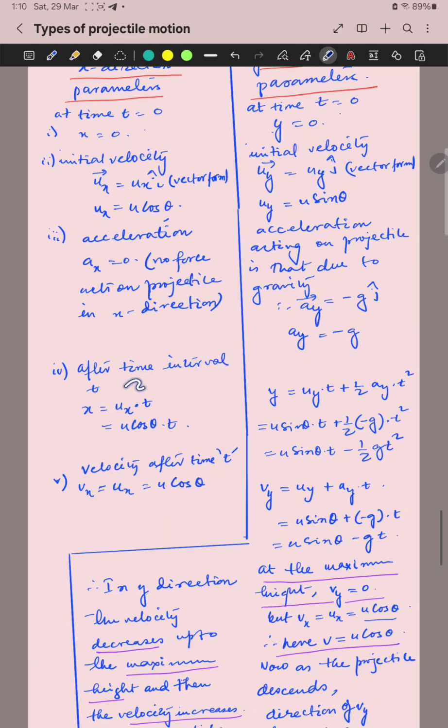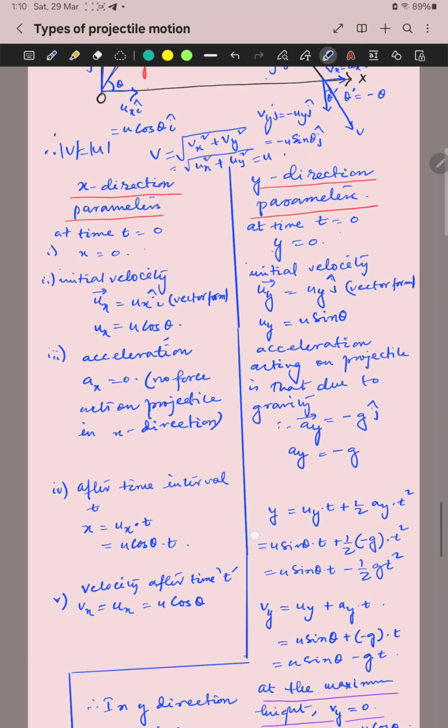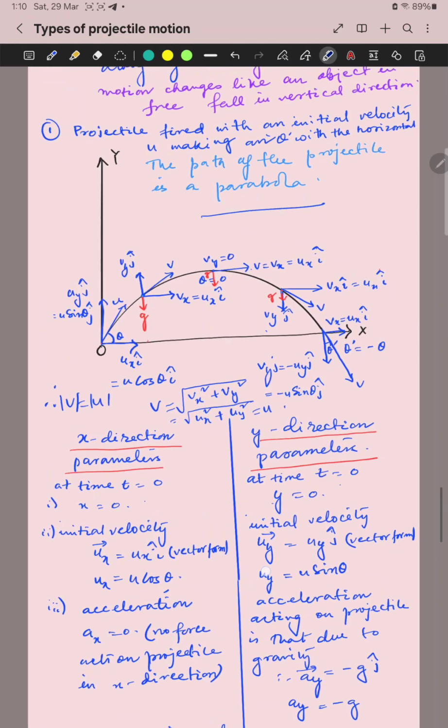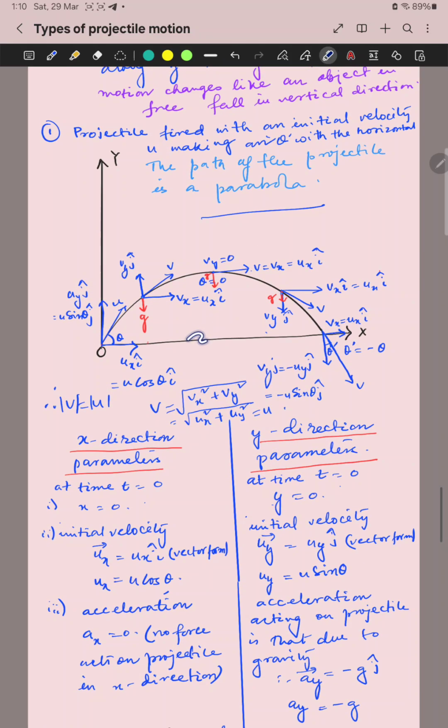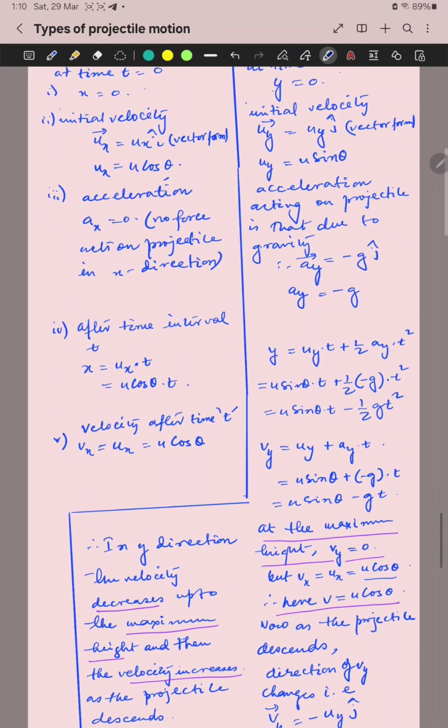Next, after time interval t, let's find the position of the projectile. Its position will be given by two coordinates. Suppose after the time it got projected, in a time t it reached this point. Its coordinates will be given by x comma y. X is this and y is this. So let's find its position after time t.